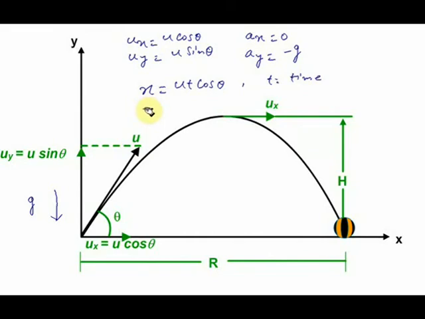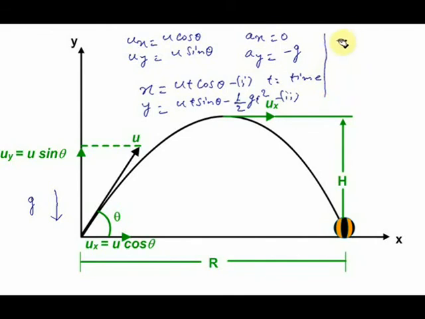Similarly, in the vertical direction, the distance traveled in time t will be given by y = u t sin theta minus half g t square. So these are the two equations, equation 1 and equation 2.